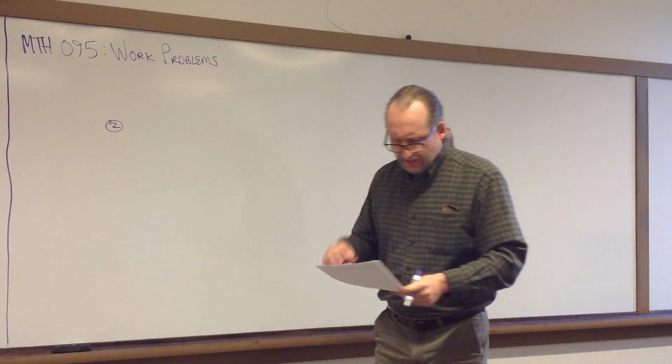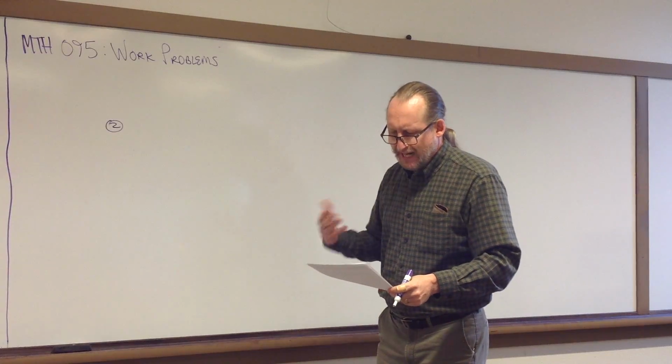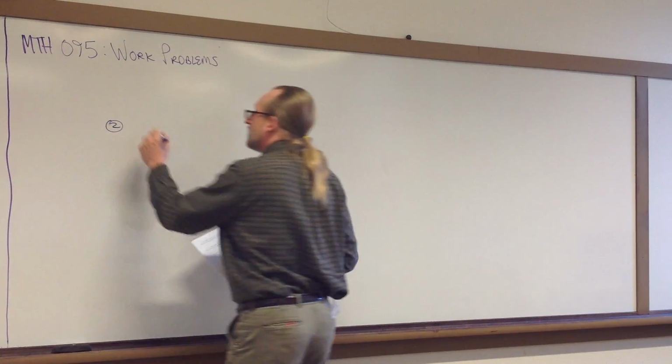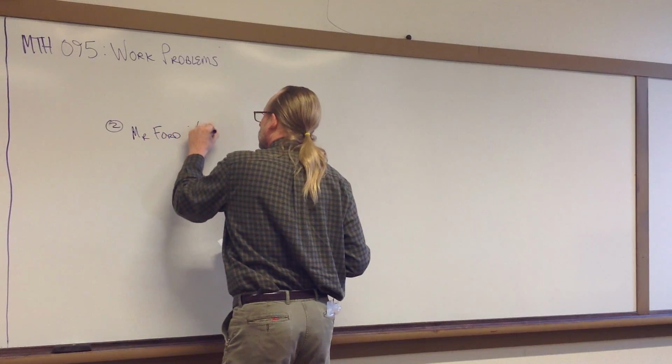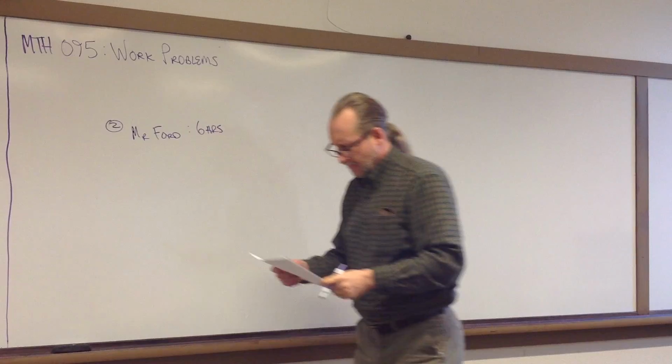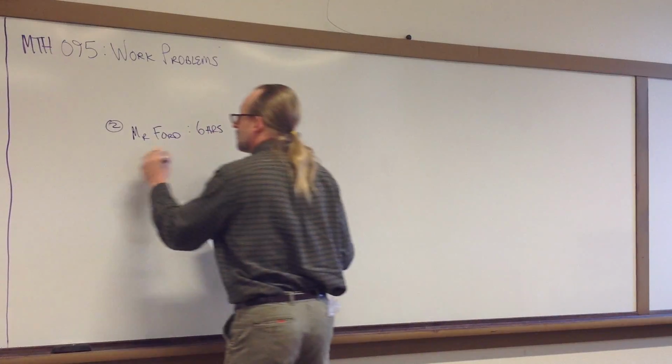In problem 2, it says Mr. Ford can paint the fence around his house in 6 hours. So Mr. Ford takes 6 hours to do the job. His daughter takes 12 hours.